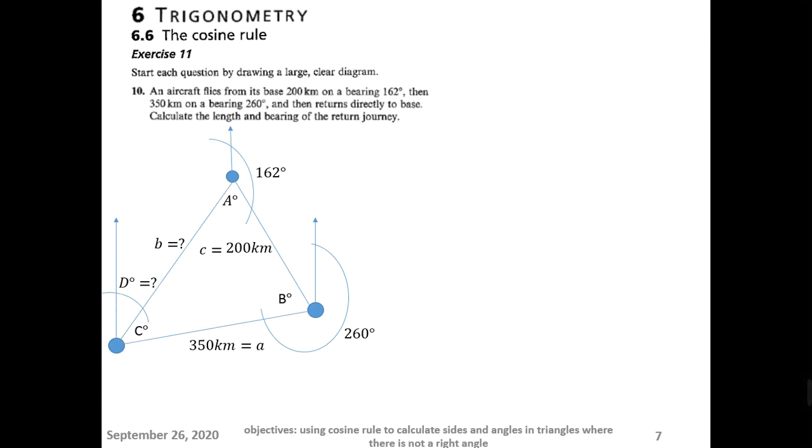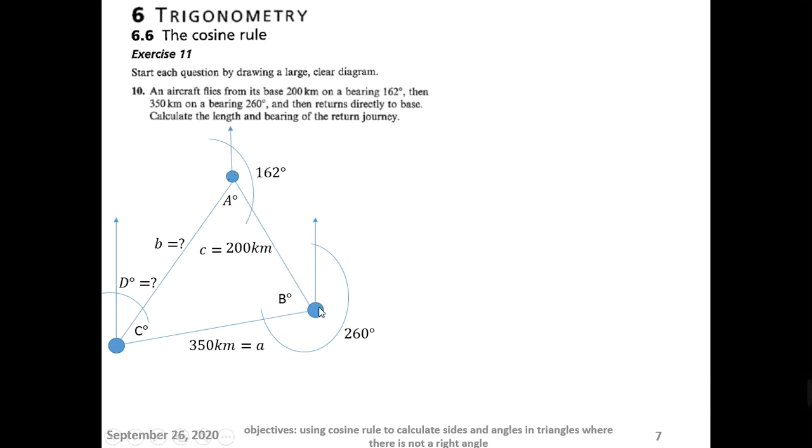Now, we know here two sides and none of the angles are known. So we must try to find one of the angles in this triangle. As you can see here, this is the 162, and we can find this angle here. Why?